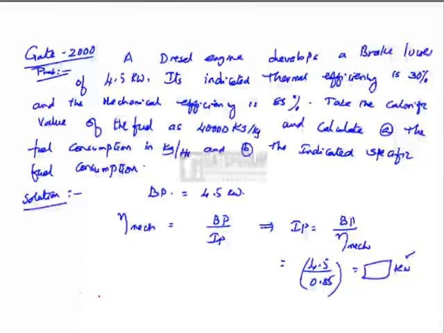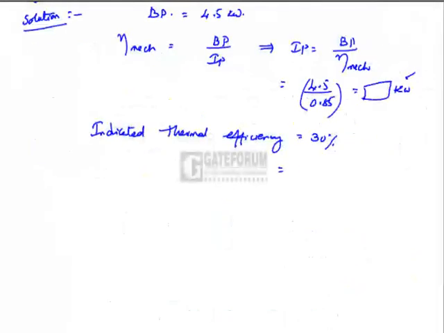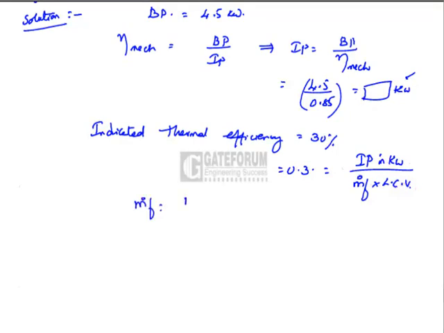Now the indicated thermal efficiency is given as 30%, which is equal to 0.3. This is equal to indicated power in kilowatts divided by m dot f into LCV, where m dot f is the mass consumption rate of fuel in kg per second.